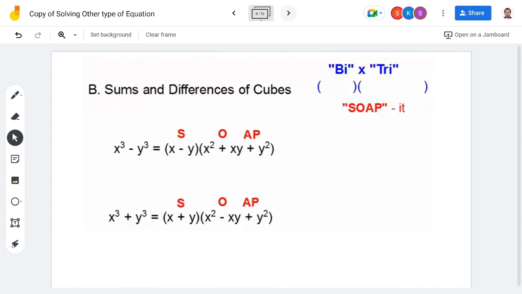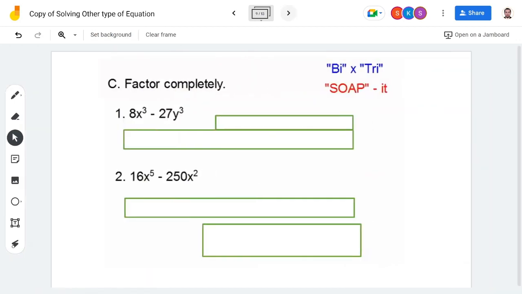Do you remember the SOAP? Yes, always positive: same sign, opposite sign, always positive. Same thing here, when we have a plus: same sign, opposite sign, always positive. So like this one here, how can we factor this? First, simplify.